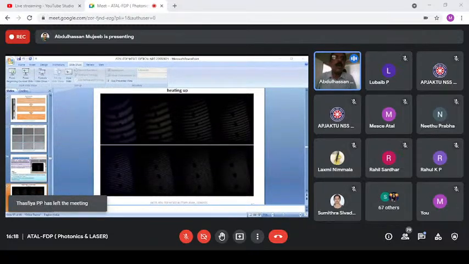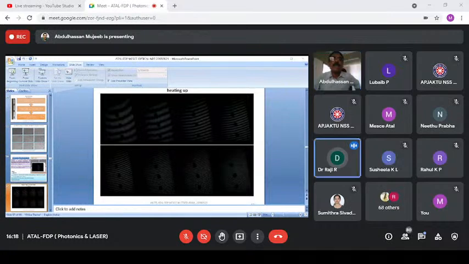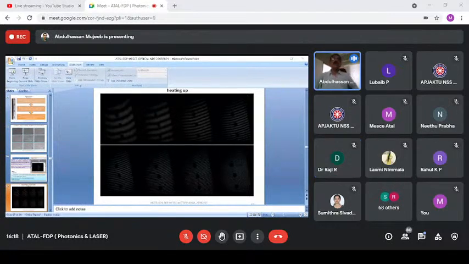Can you see small holes inside the fringe pattern? Anyone can give an answer. Yes, sir. Okay. So these are the holographic fringes generated during the heating up process.